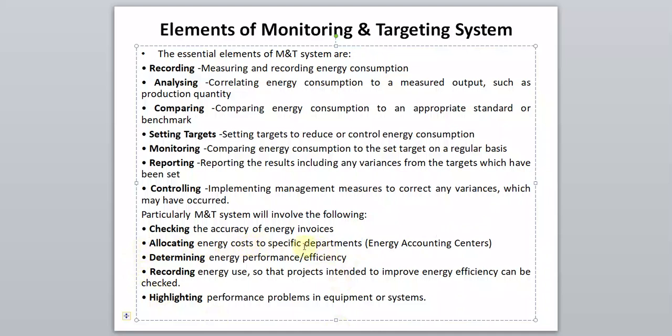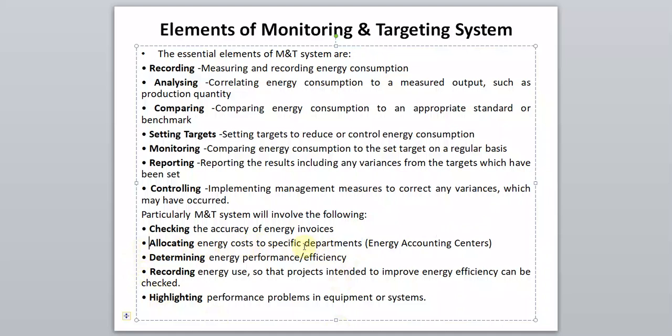Suppose you have an industry and there are seven departments in the industry like raw material processing, then designing, then cultivating, then manufacturing, production, and end product, etc. Each and every department should be allocated some of the energy cost.